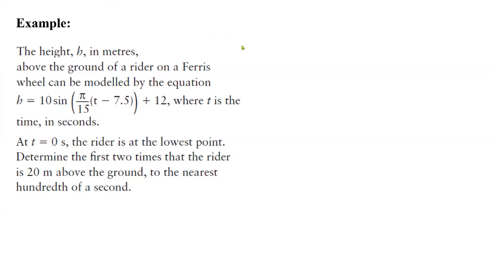Okay, did you finish? All right, let's have a look at the solutions. Okay, I'll write it here. So basically we have a function. When h is 20 meters, this function becomes 20 equals 10 times sine of pi over 15 times t minus 7.5, plus 12, right? And then we solve for t.